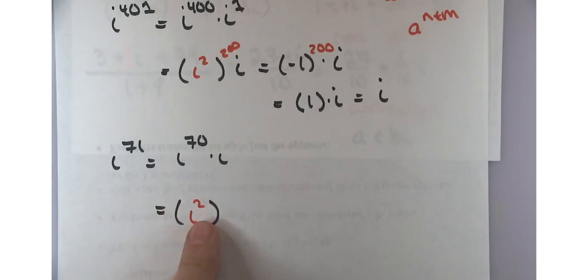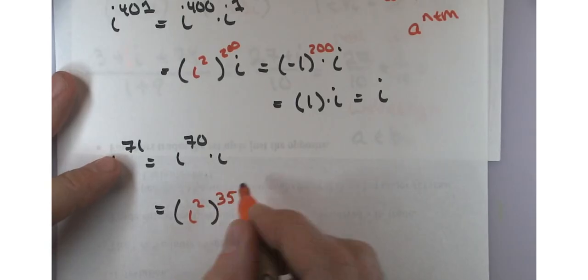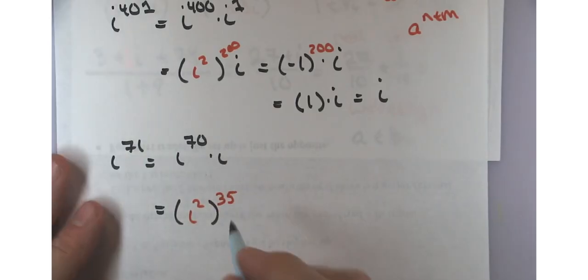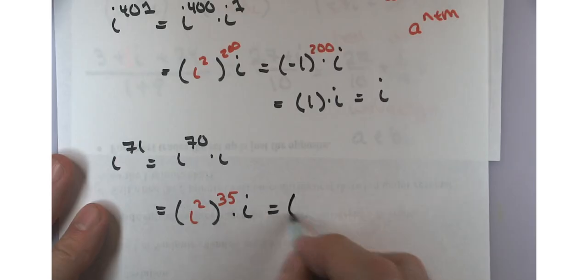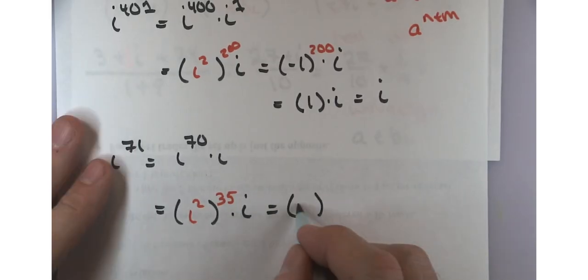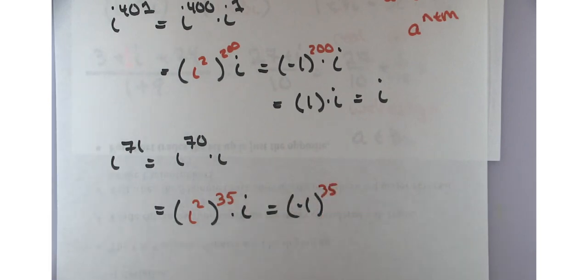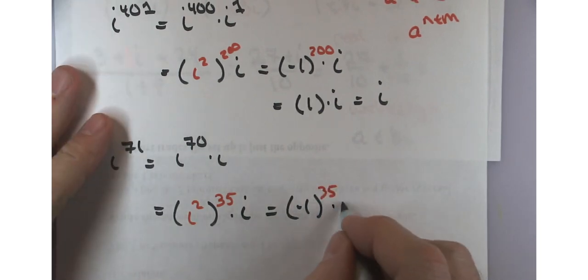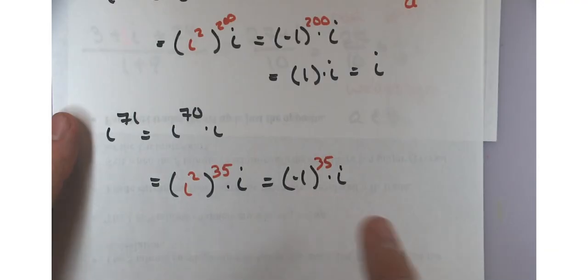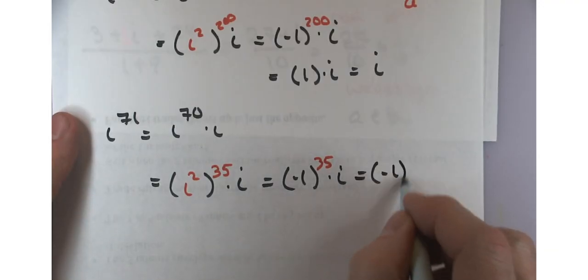What times 2 gives me 70? Yep, 35. And as before, you've got negative 1 to an odd power. What's negative 1 to an odd power? Negative 1.